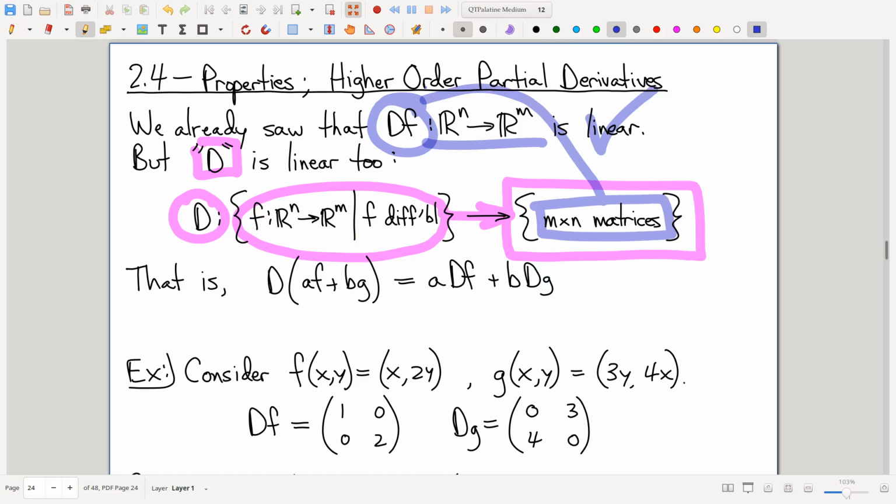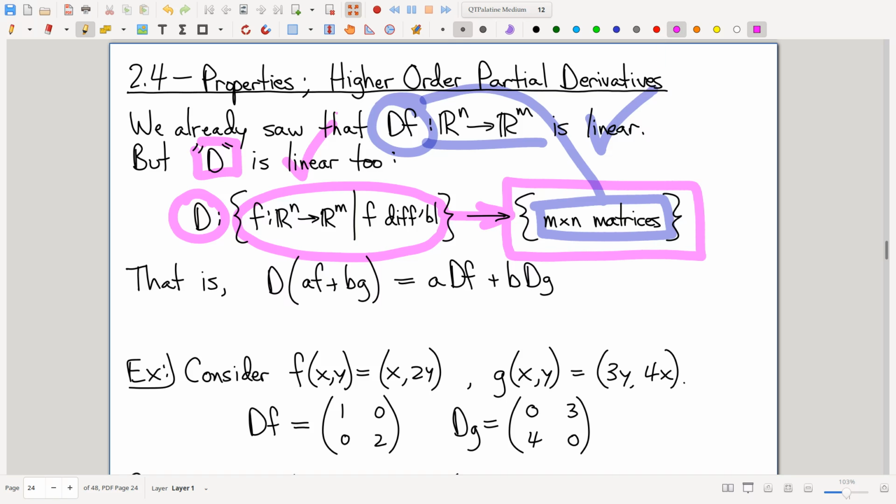There's the thing that you get, namely this matrix that we call the derivative matrix, and then there is the process by which I create it from a differentiable function. So we want to keep those things separate in our mind. Don't conflate df with d, in other words. So here's the very non-obvious statement, and that is that d, the act of differentiation, is linear.